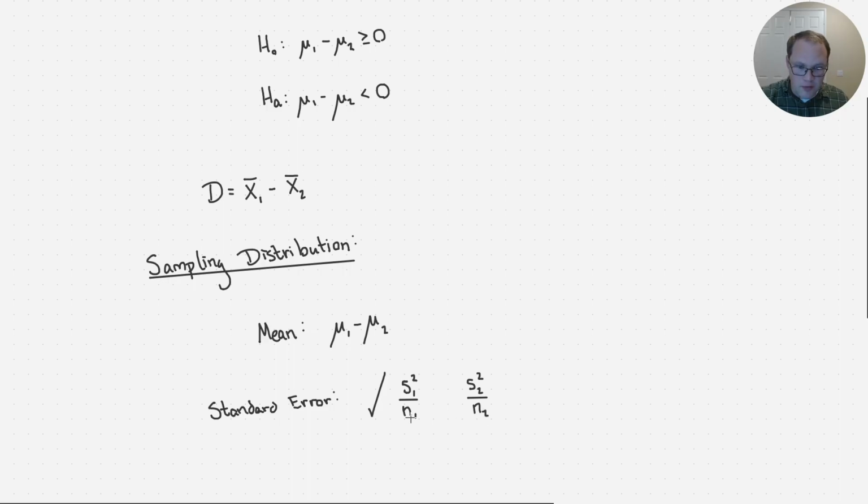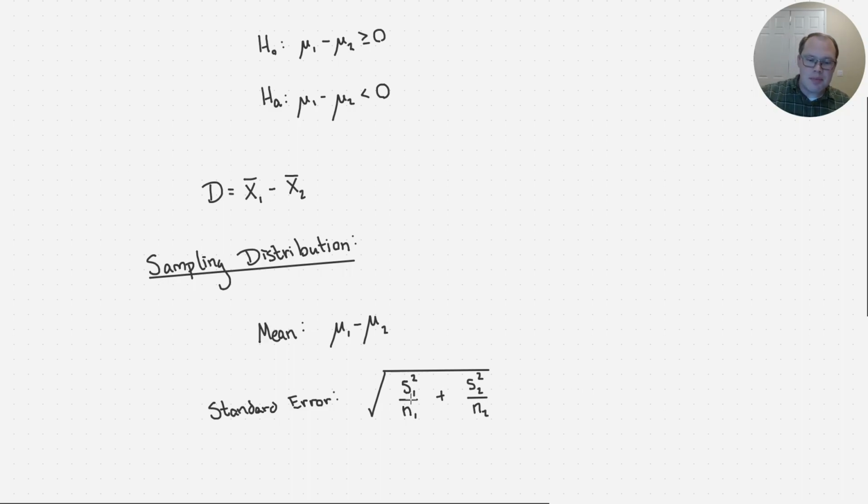So for our first sample, we divide by the sample size from that first sample. For the standard deviation from our second sample, we divide by the sample size of that second sample. We add them up and take the square root.